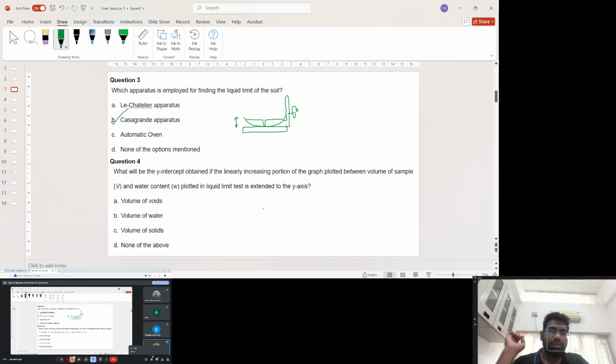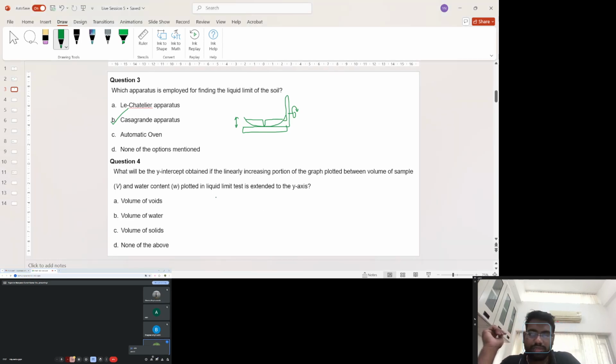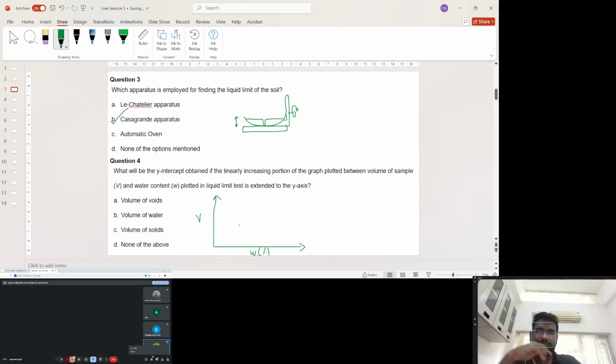So now let us draw the graph between volume of the soil sample and water content. Now let us come in the reverse manner.